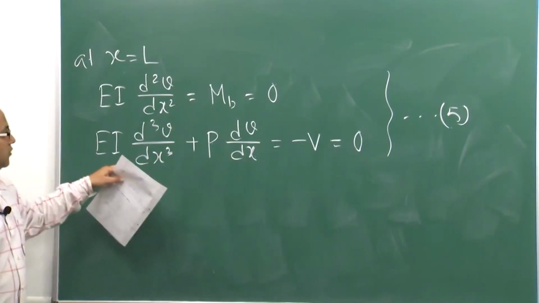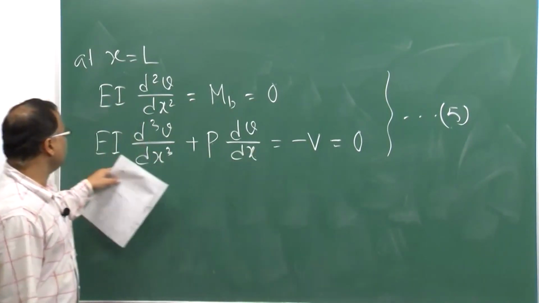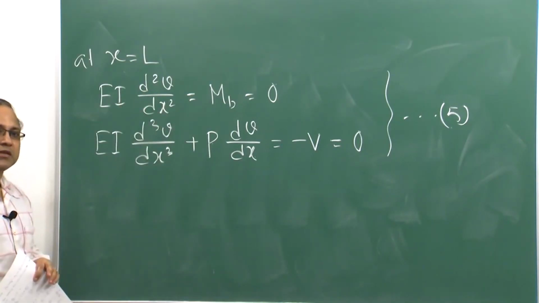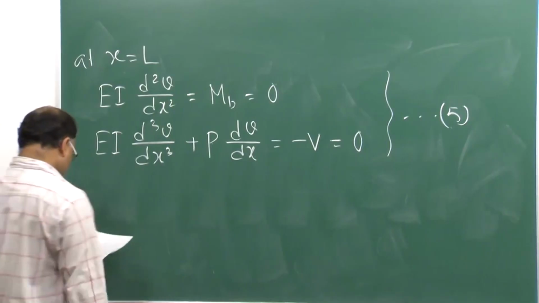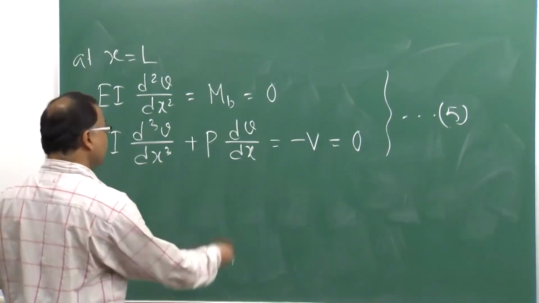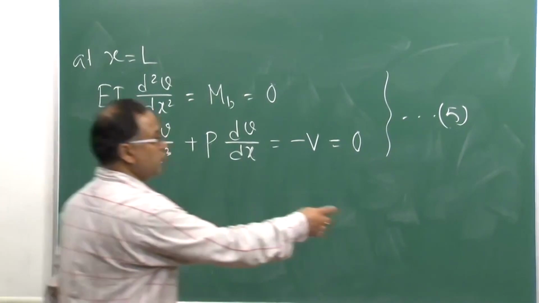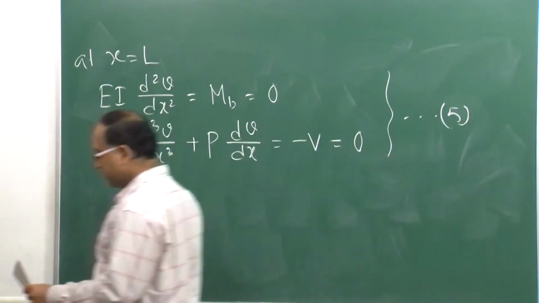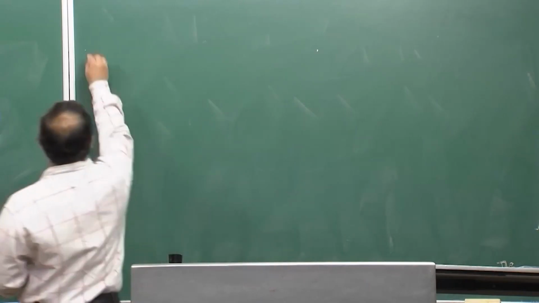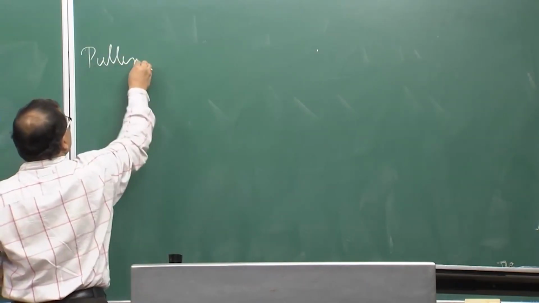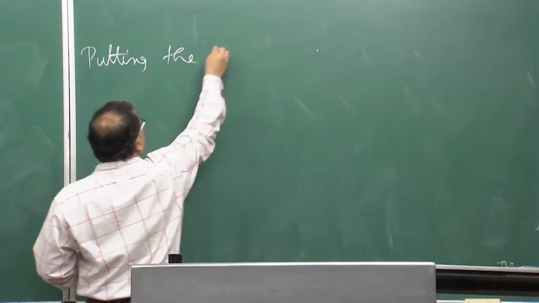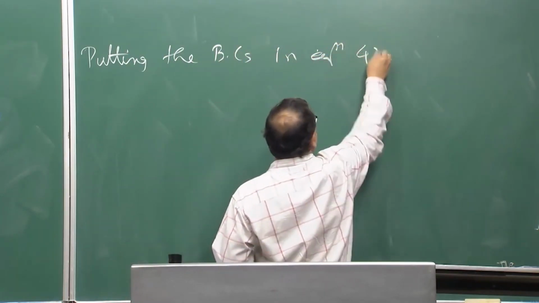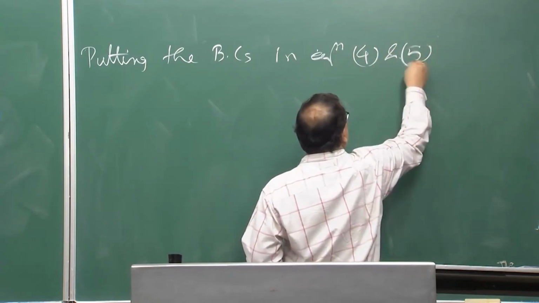So, at x equal to L, these equations must be satisfied. Okay. Now, putting these boundary conditions in equation 4 and 5, this is your equation 4 and this is your equation 5, what will we get by putting the boundary conditions in equation 4 and 5?